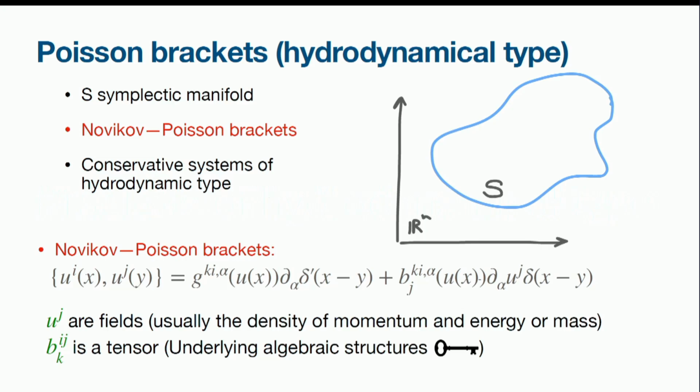And just one minute, to talk about the hydrodynamical type. I was saying that Frobenius manifolds were related to Novikov-Poisson brackets of hydrodynamical type. So this is this impressive formula here.